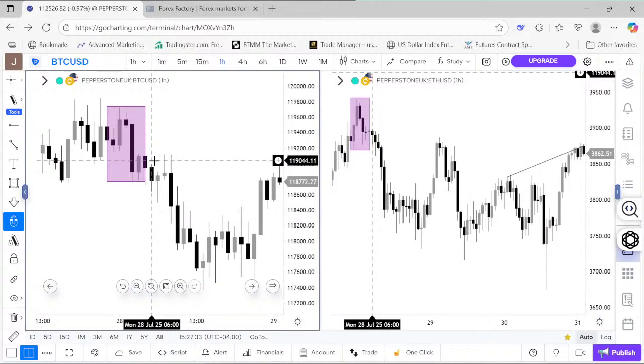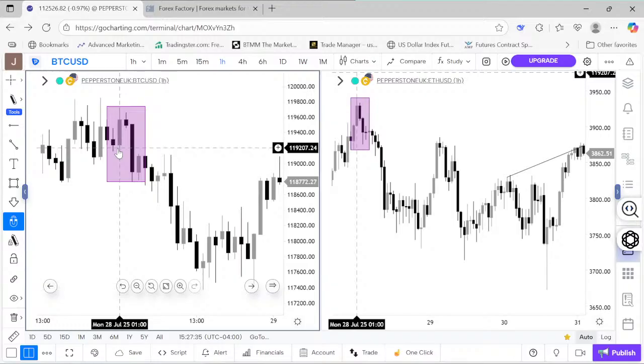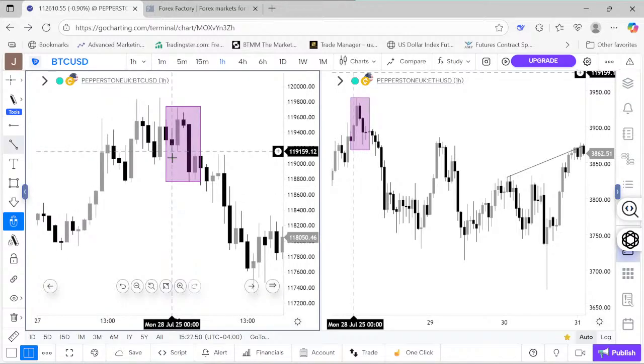So if you look carefully, the order block would have started here. All right, so that's our order block.